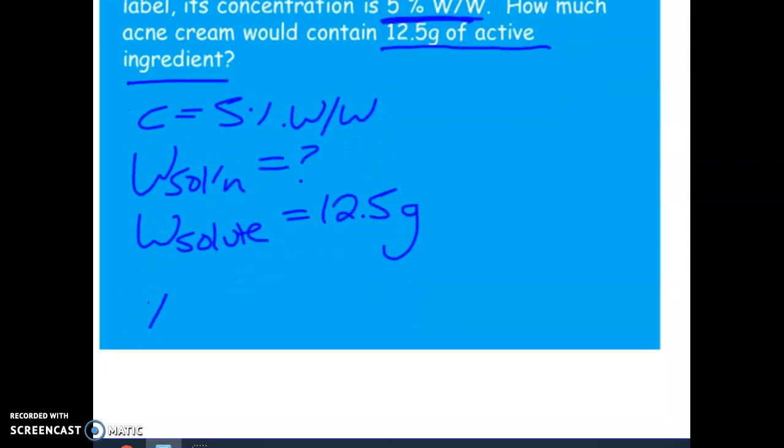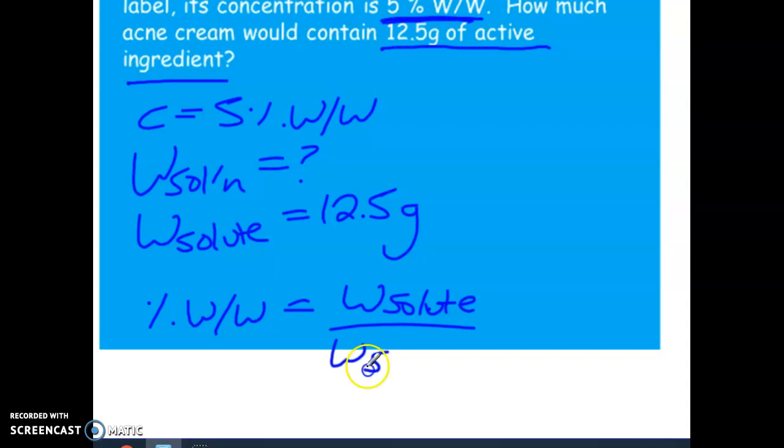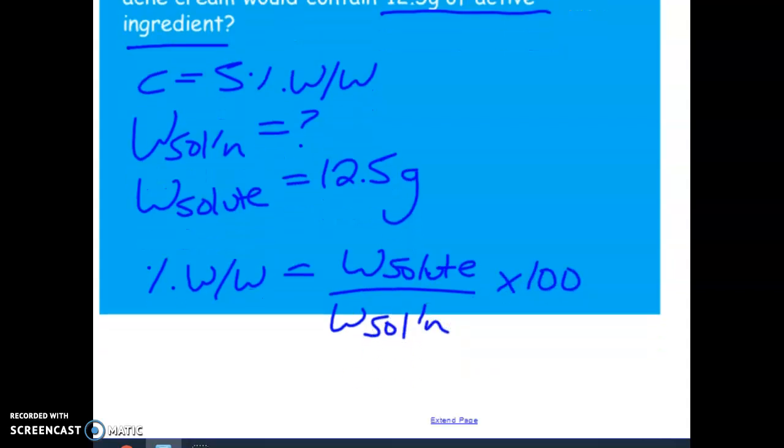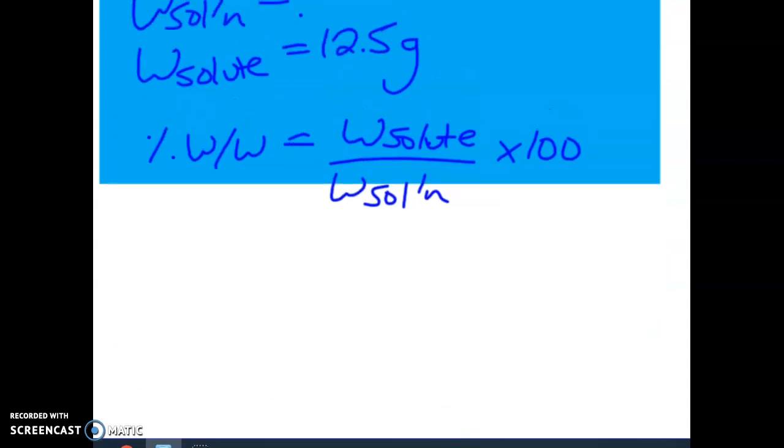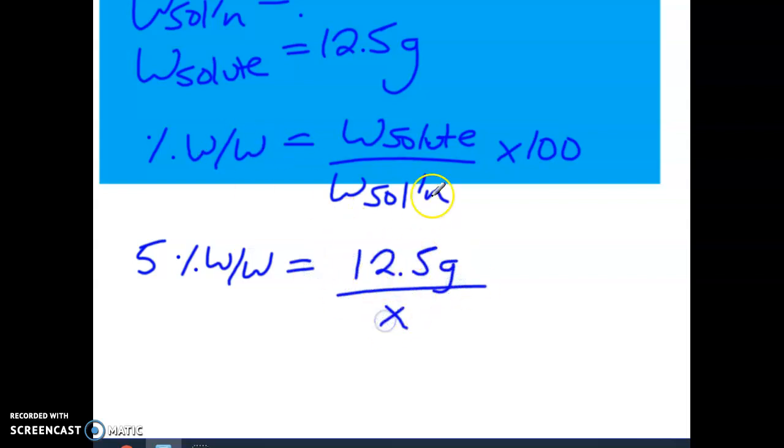So our formula is going to be percent weight by weight is equal to weight of the solute over the weight of the solution times 100. So we'll put in what we have. It's 5% weight by weight is equal to 12.5 grams over X, or weight of the solution.